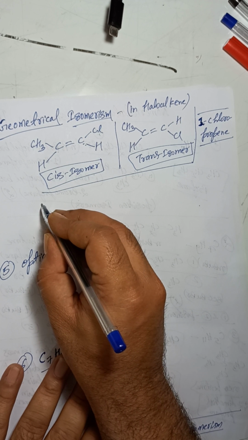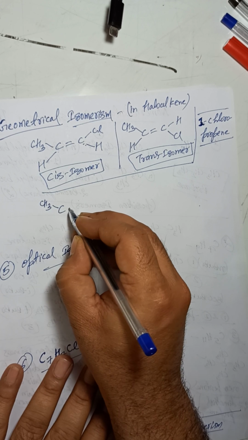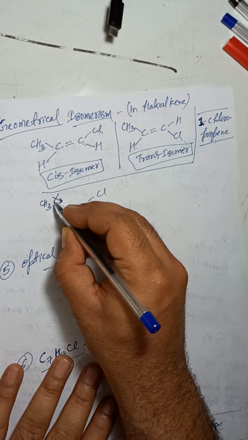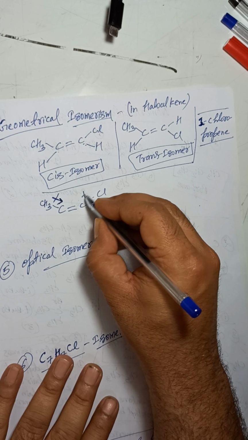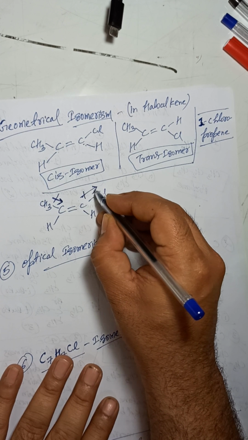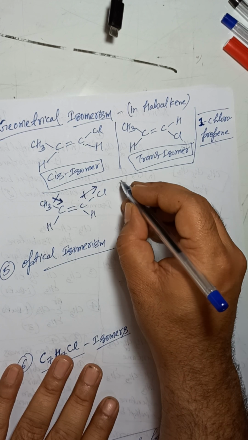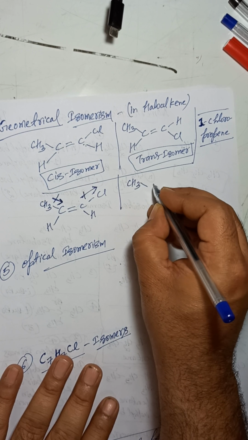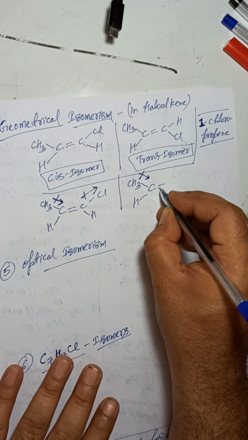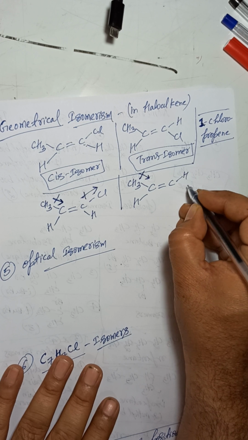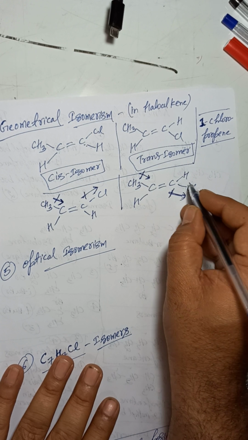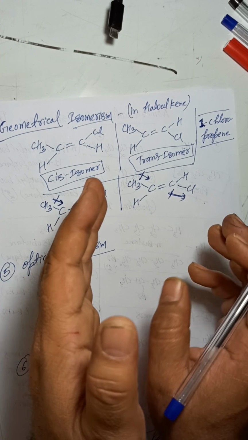If I draw this, this is electron releasing, and this is electron withdrawing, this is H, this is H. And here again, electron releasing group and electron withdrawing. So what do you see there? The vectors are added in the same direction.